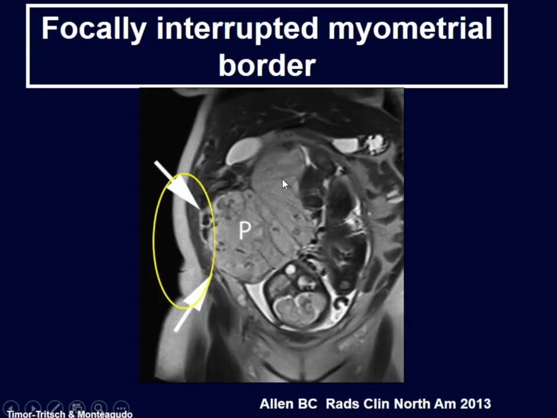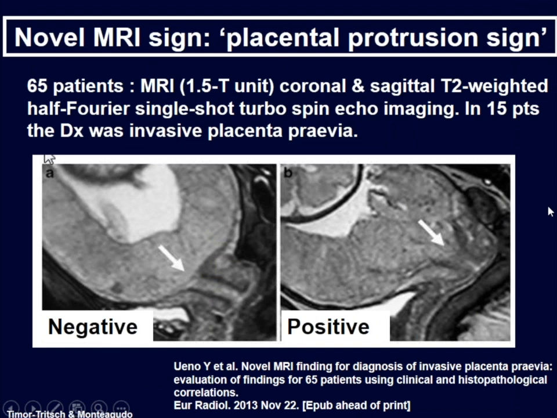Focally interrupted myometrial border is shown by the 2 white arrows and the oval circle, clearly showing the penetration of the placenta into the myometrial layers in this case. The novel sign, the placental protrusion sign, is shown here. On the right side, you have a positive protrusion of the placenta into the area of the cervix. On the left side, you see the intact and negative placental protrusion sign.